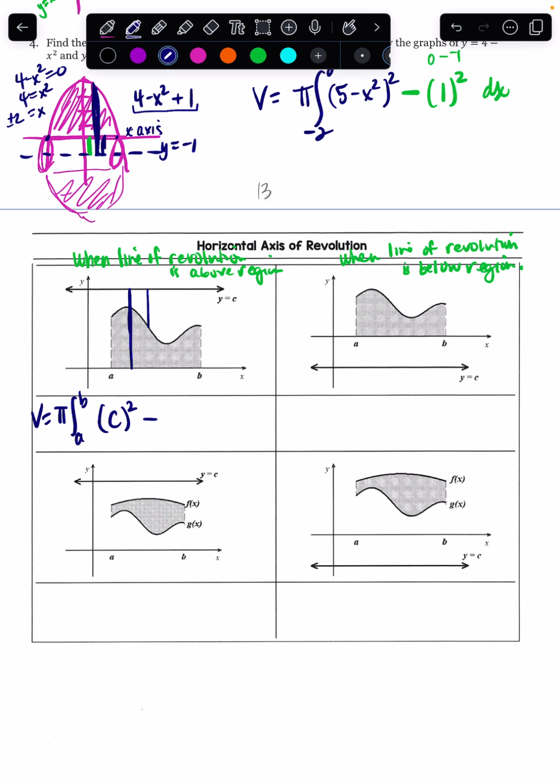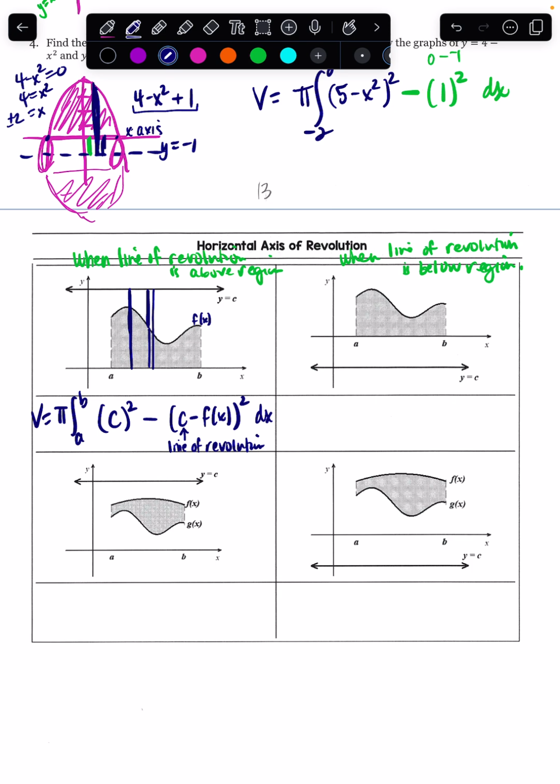We're going to call this f of x. This piece right here is c minus the function, so c minus the function squared dx. That's when there's a hole. And remember, c is your line of revolution.